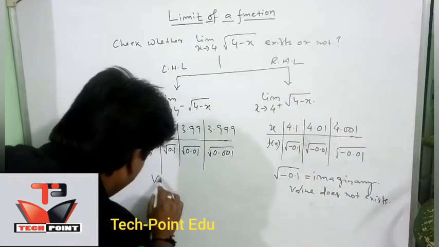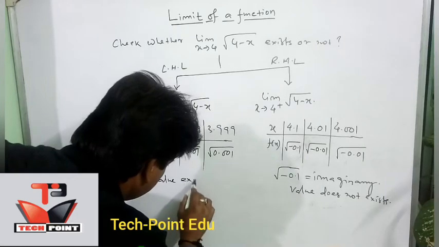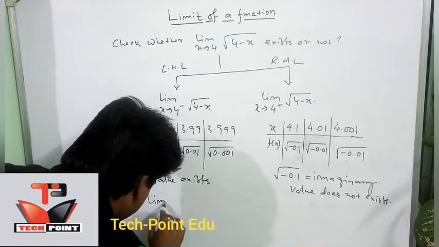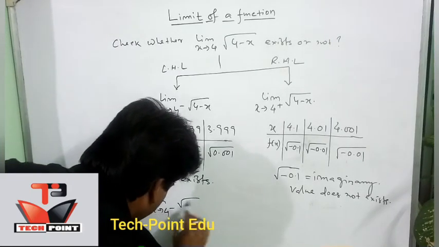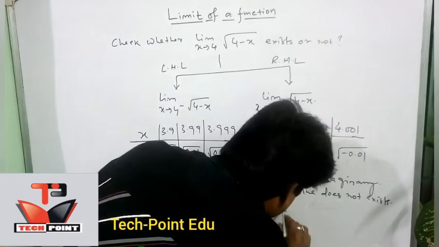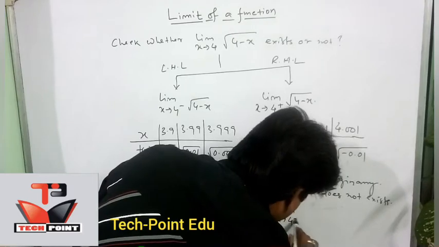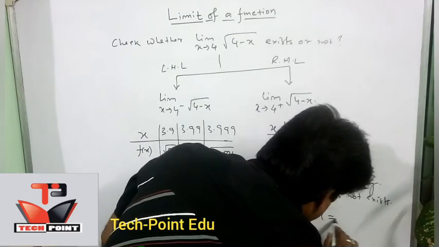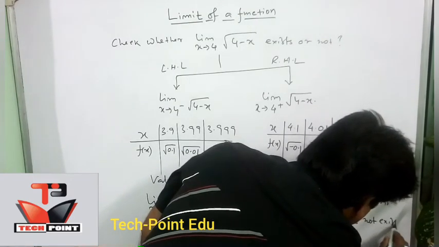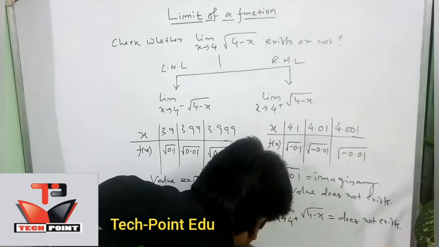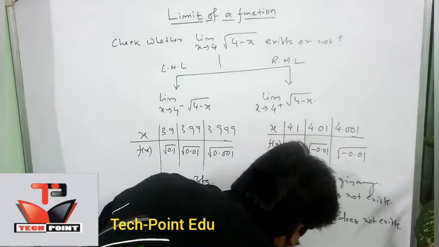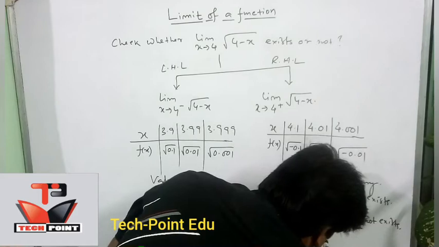But here the value exists. Thus, limit x tends to 4 minus root under 4 minus x exists, but limit x tends to 4 plus root under 4 minus x does not exist. Therefore, limit x tends to 4 of root under 4 minus x will not exist.